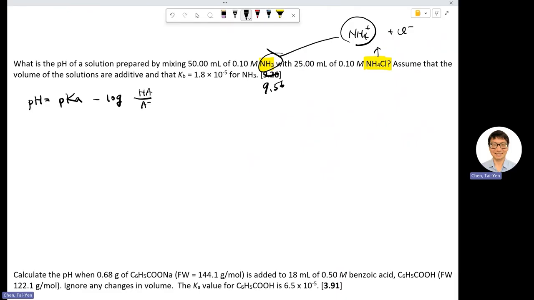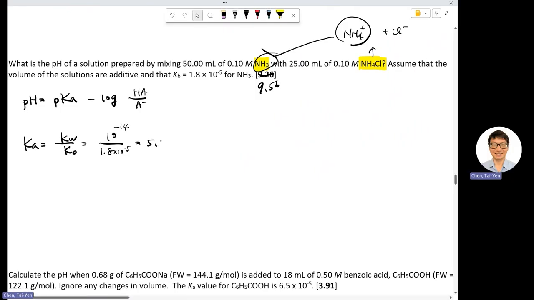Divide Kw by Kb. Yes. So Ka is going to be Kw over Kb. Kw is 10 to the negative 14. Kb is 1.8 times 10 to the negative 5. Once you do that calculation, you should be able to get the value of 5.56 times 10 to the negative 10.